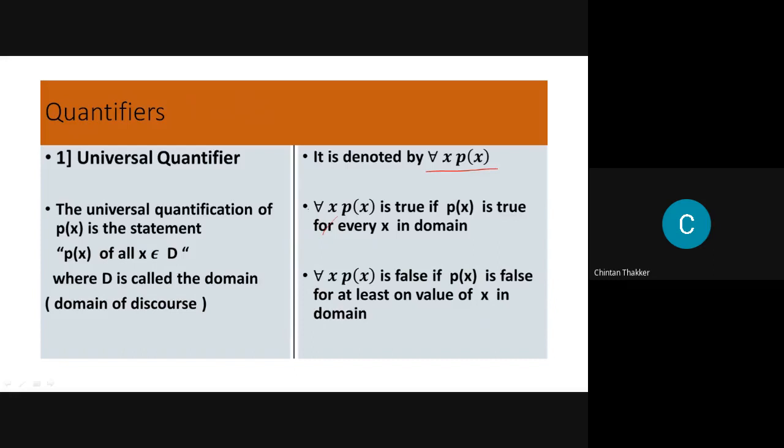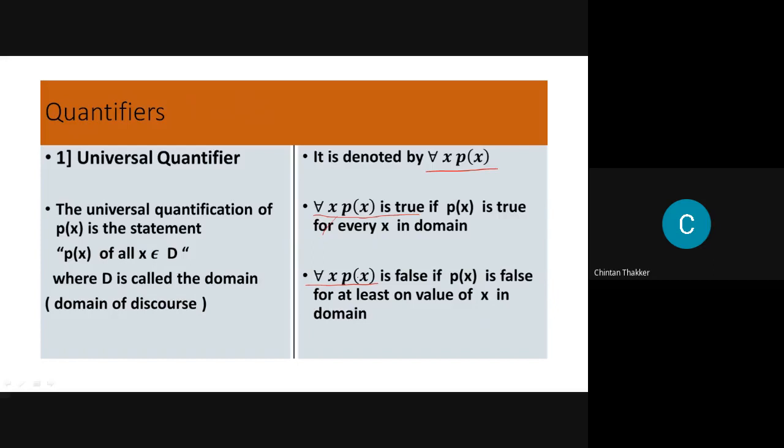Now the truth value of the universal quantifier, for all x P(x): it is true if P(x) is true for all x in the domain, and it is false if P(x) is false for at least one value of x in the domain.